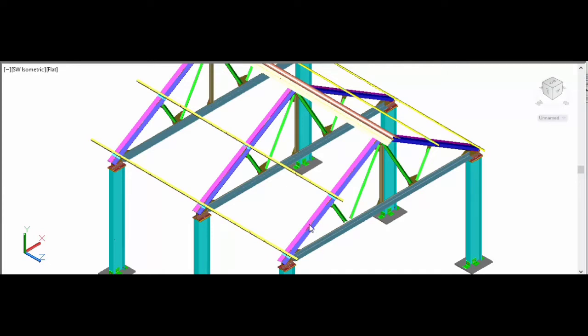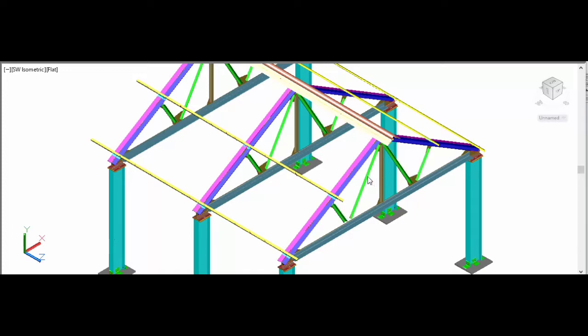Now, what we observe here, the topmost chords of the roof truss are normally subjected to compressive force due to the vertical loads that act at the nodal points, and some of the internal members are subjected to compressive forces.